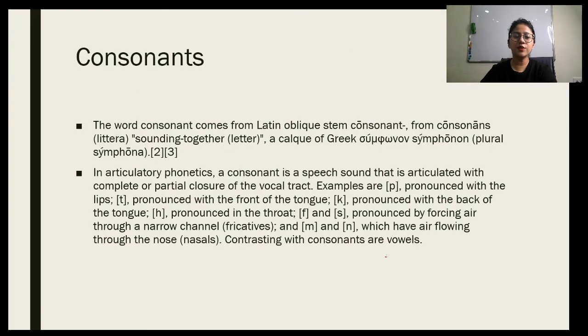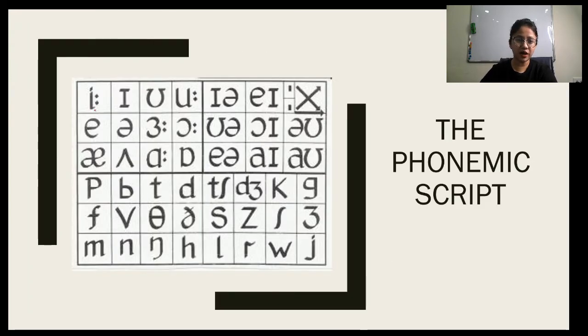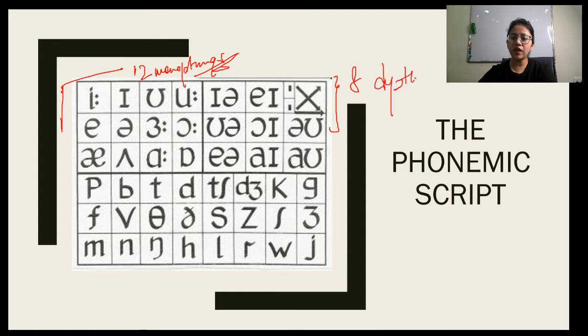All right. Now let me show you which are the monophthongs. So these are the monophthongs. We've got 12 monophthongs, which are the single sounds or the pure vowels, and we've got 8 diphthongs, which are the double sounds. Monophthongs are pure vowels, and because of which they give out only a single sound, which could be a long vowel or a short vowel.